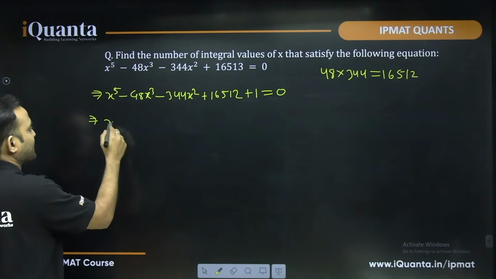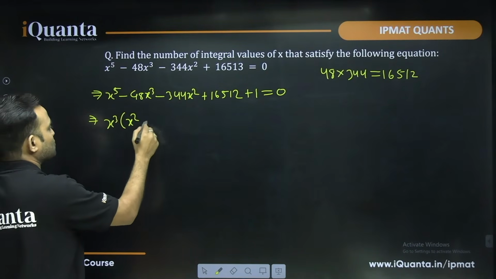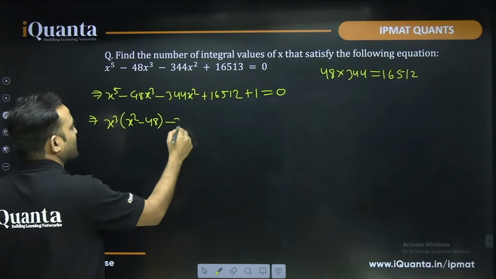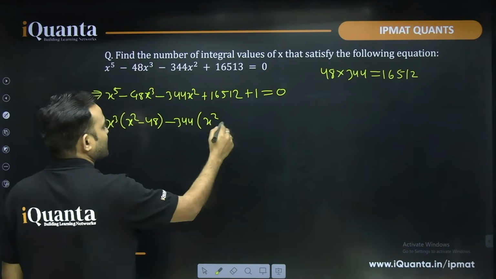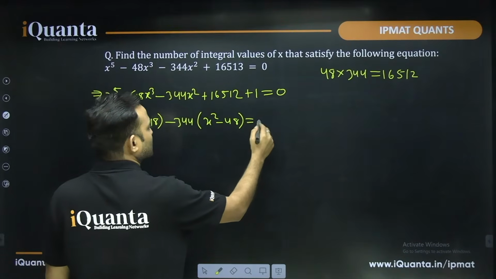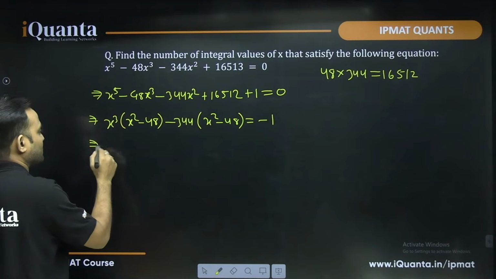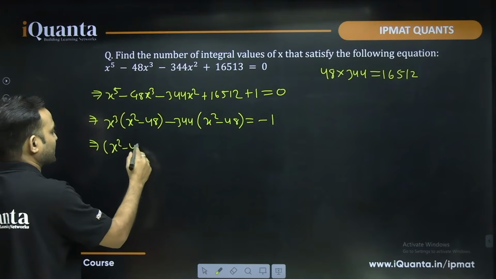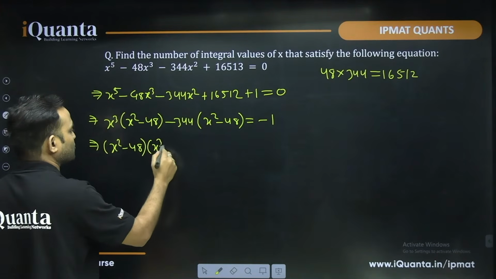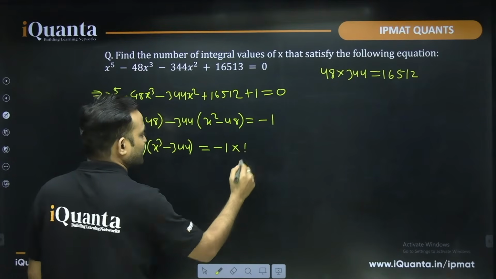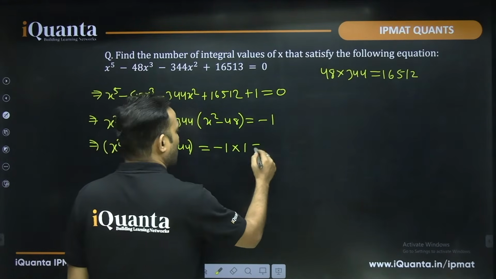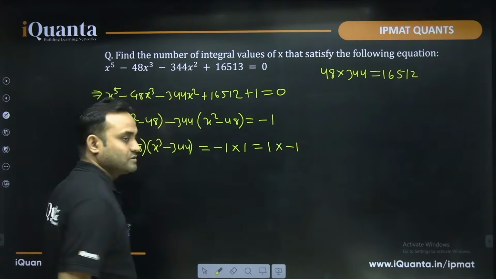If I take x cube common, I get x square minus 48 times x cube minus 344 is equal to minus 1, which can be minus 1 into 1 or 1 into minus 1.